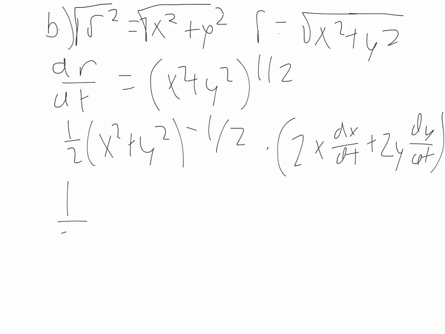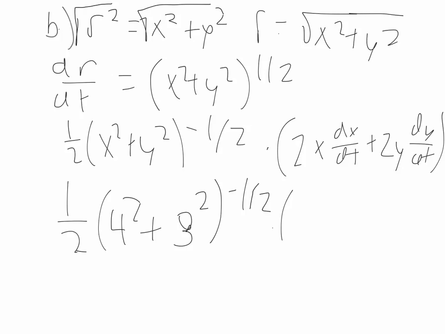Now you want to plug in the numbers to find your dr over dt, or the rate at which the distance between Ship A and Ship B is changing.